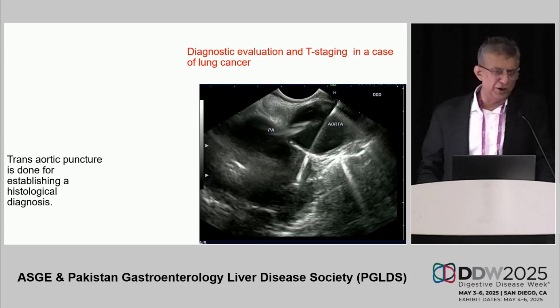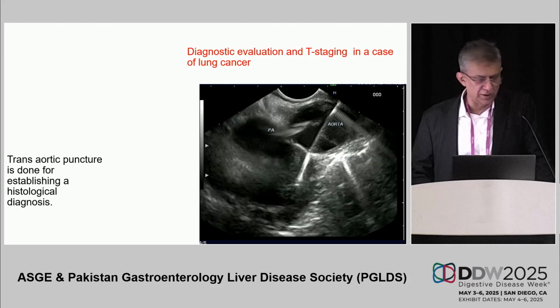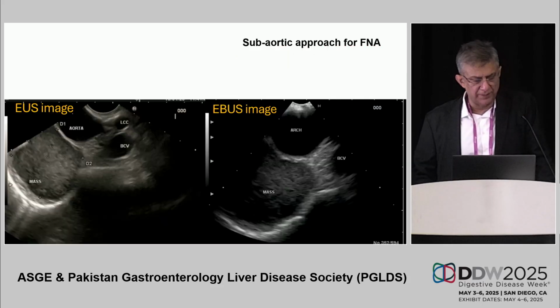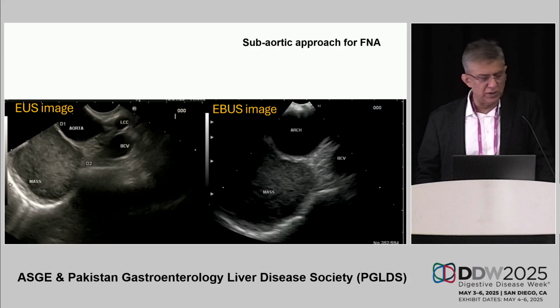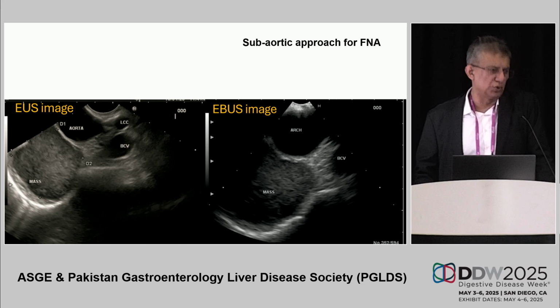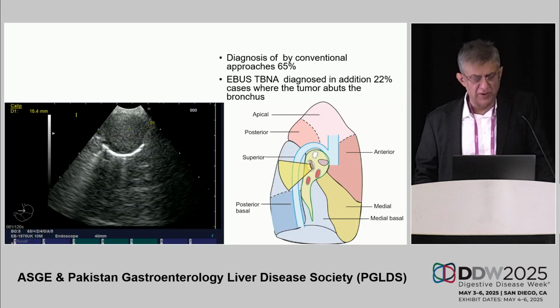So when there is an indication, there is no contraindication, and you have to do these FNAC. This is again an EUS and endobronchial ultrasound image. The tumor is beyond the aorta, and it is difficult to get FNAC, but through a subaortic route or a supraaortic route or a transaortic route, you can take an FNAC. So one of the things is, if you cannot do mediastinal tumor staging from EUS, you can try by EBUS.